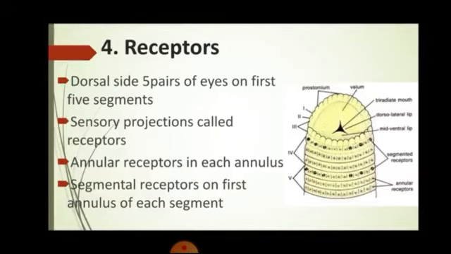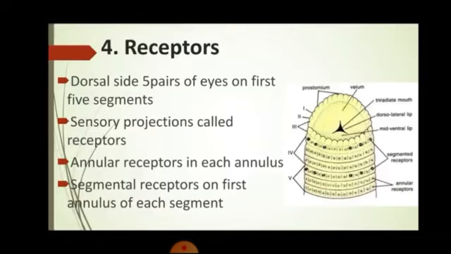So each segment of leech is further subdivided, and those subdivisions are called rings or annuli. Here the annular receptors are located in each annulus, whereas the segmental receptors are located on the first annulus of each segment.